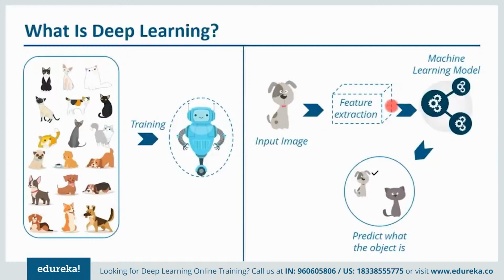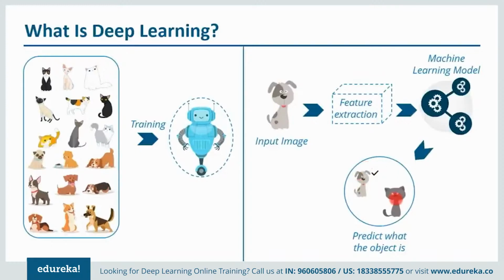Then we manually extract certain features, like nose, whiskers, colors, edges, it can be anything. The important features which help us in classifying whether the input image is a cat or a dog. Then we make a machine learning model with that.